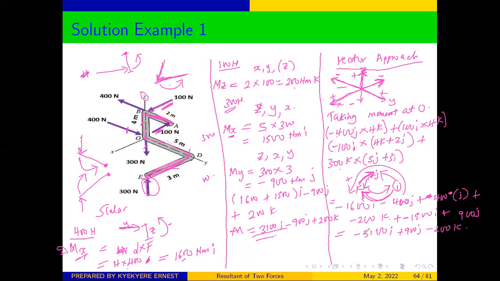So here when we divide through by negative 1, we are still going to get the answer we got for the scalar approach: 3100i minus 900j plus 200k. And we are done. You can see that both the scalar and the vector approach give us the same answers.